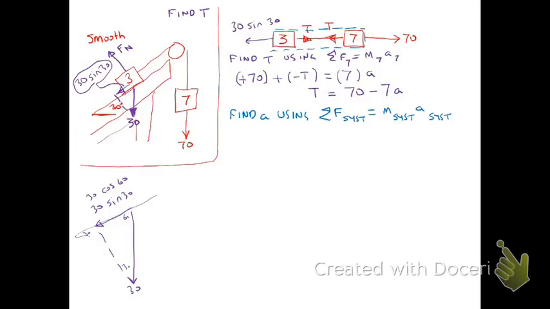It's like a train with carriages. So I say plus 70 added to minus 30 sine 30 is equal to 7 plus 3 times A. I like to put 7 plus 3 down rather than 10 so that I remind myself that I did actually add the two together. If I just do it in my head, I might not spot it when I check my answer.